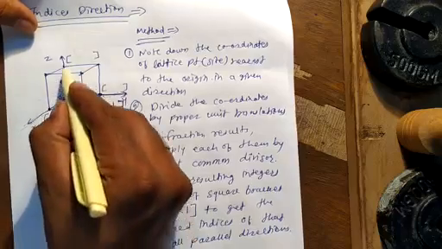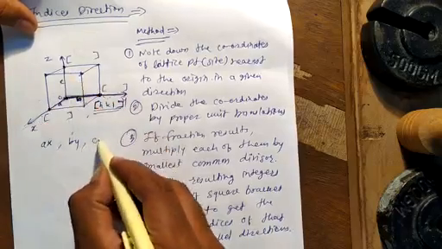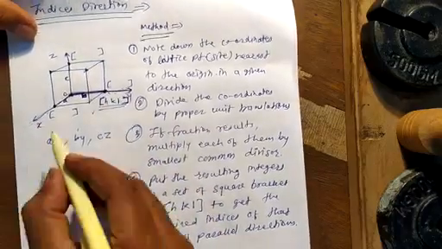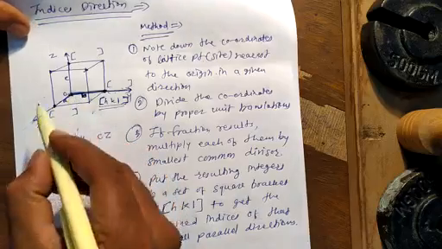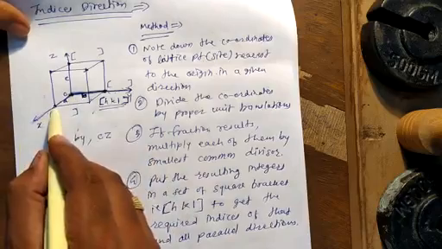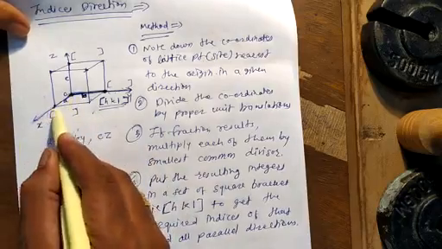Along the z-axis this point is at distance cz. Now for this particular lattice point, which is nearest to the origin, we have to find the indices for this direction.